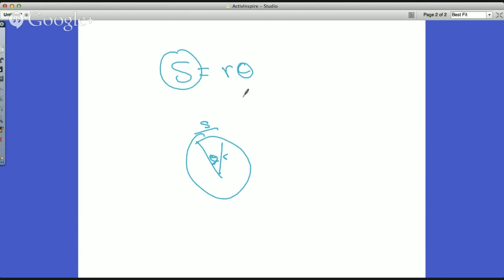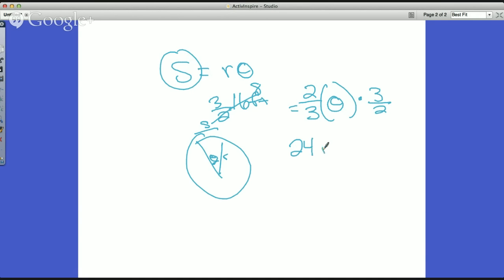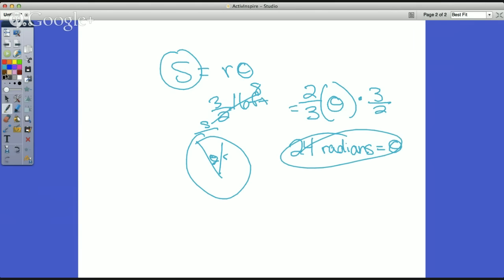It says here that r is 2/3 and s, my intercepted arc, is 16 feet. The question is what is theta? I can multiply by 3/2 on both sides, and 2 goes into 16 8 times. When I do that, I get 24 radians equals theta.